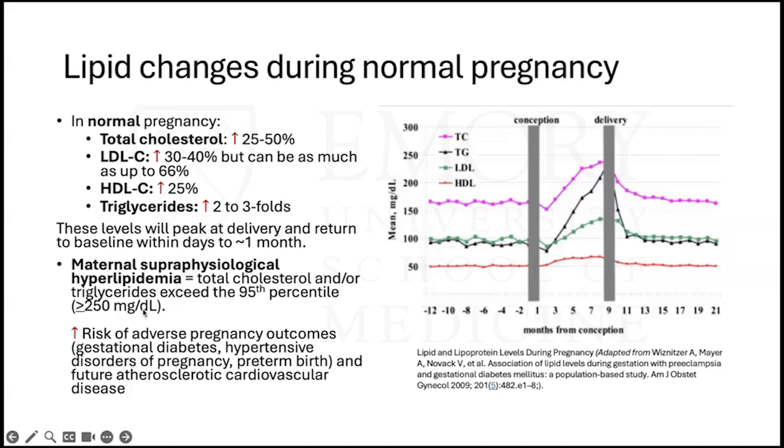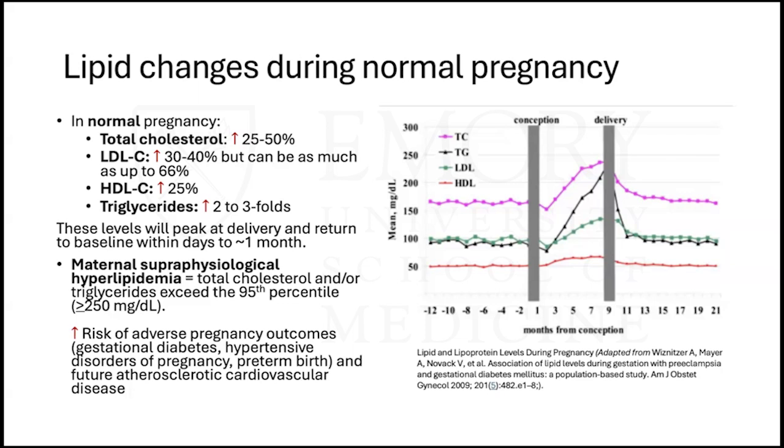And the reason why it's important to identify when this is happening is because maternal supraphysiological hyperlipidemia has been associated with increased risk of adverse pregnancy outcomes, such as gestational diabetes, hypertensive disorders of pregnancy like preeclampsia, preterm birth, and then also moms that have supraphysiological hyperlipidemia during pregnancy also have a higher risk of future atherosclerotic cardiovascular disease as well.